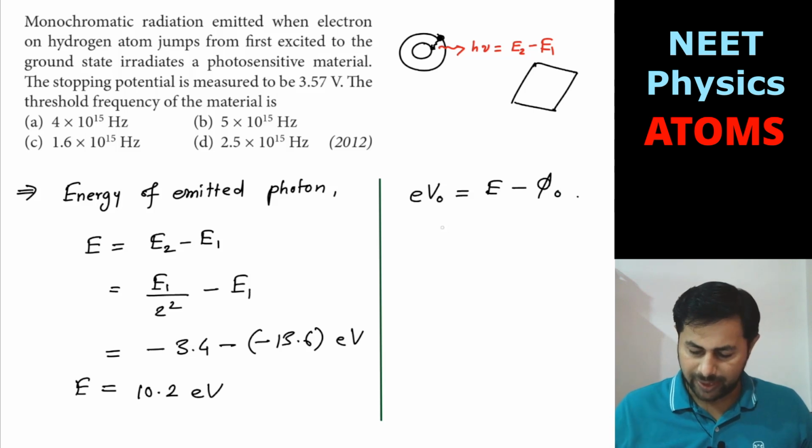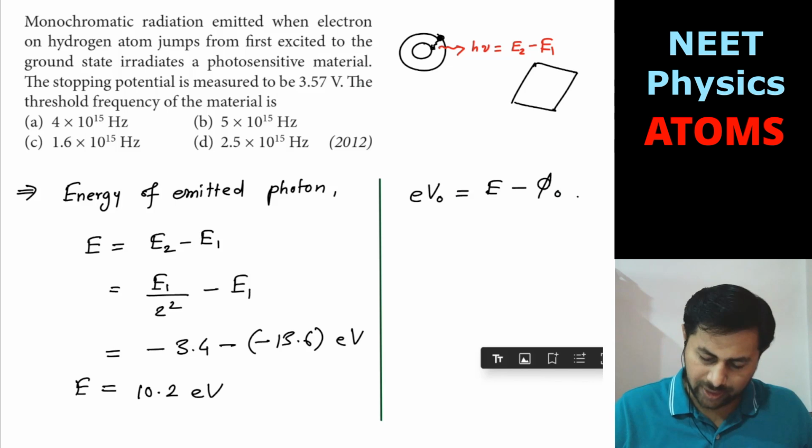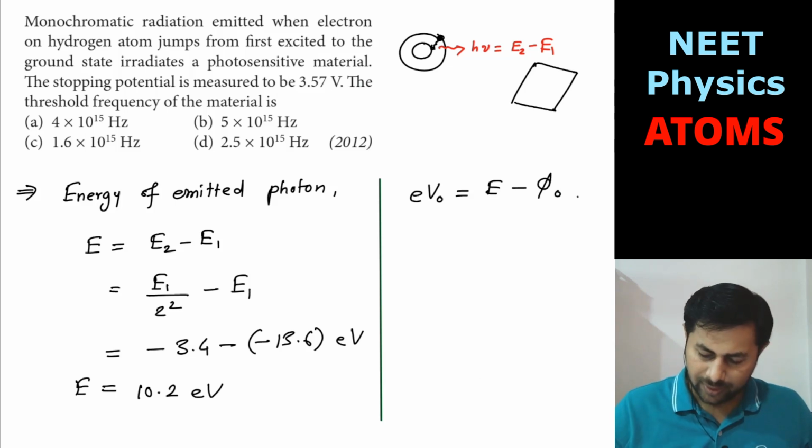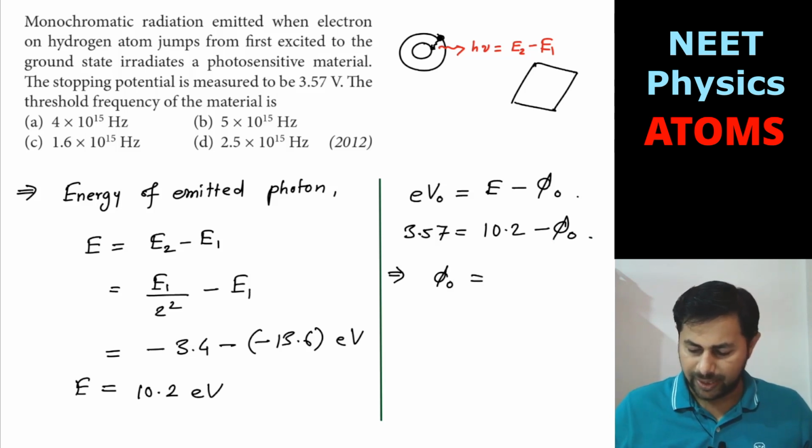Let's substitute the values. 3.57 is equal to 10.2 minus phi naught, so phi naught is 10.2 minus 3.57.